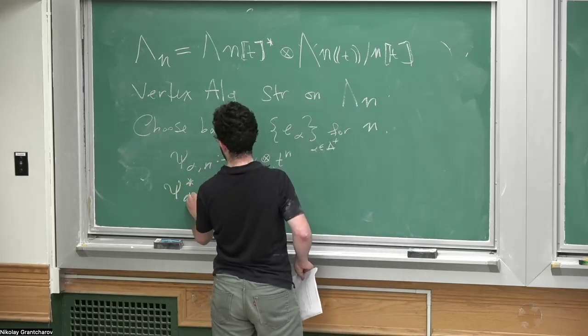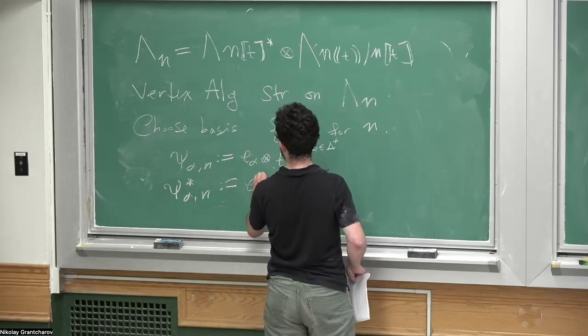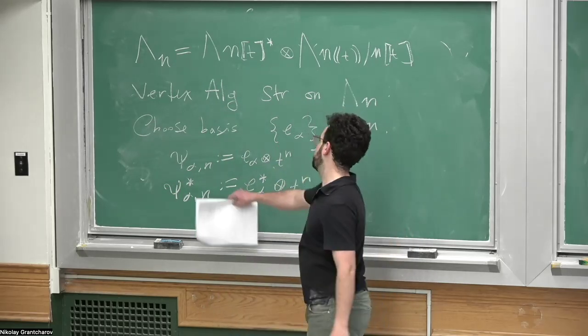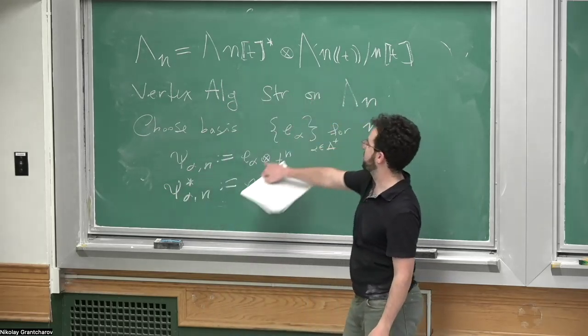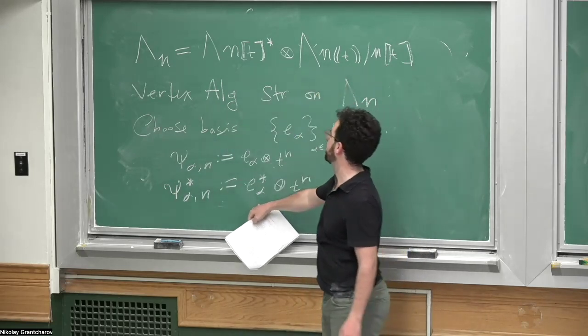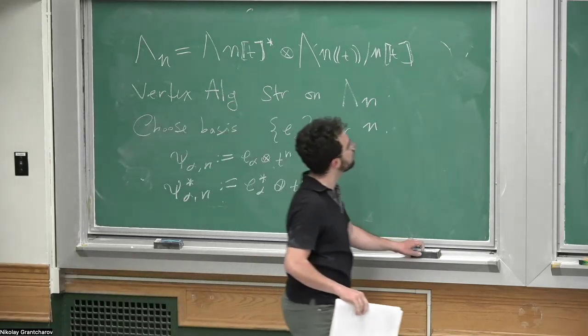And then there is a basis for the dual part. So those elements are, for any alpha in our vector space, for any n greater than 1, and those for any n greater or equal to 0.